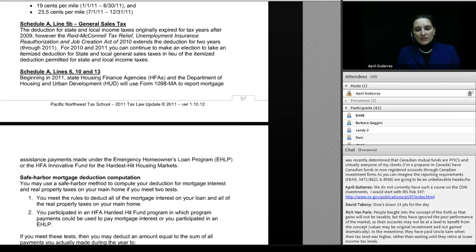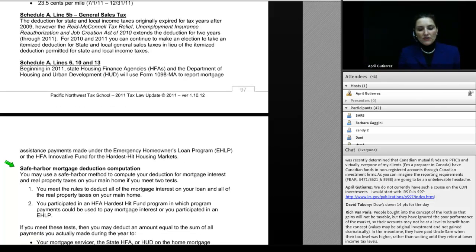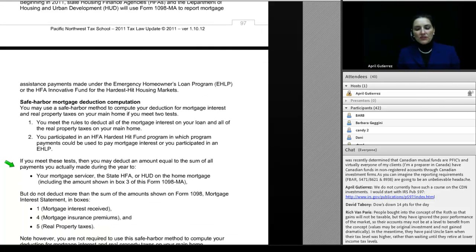Because what it has to do with is government assistance to help people make mortgage payments. So if you've been in a hard-hit area and you lost your job and you couldn't make mortgage payments on a house that's dropped in value and is probably worth less than what you paid for it, it may be that you qualify for these emergency aid programs that will step in and make some of your mortgage payments for you.